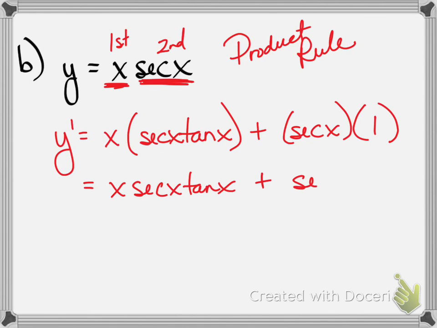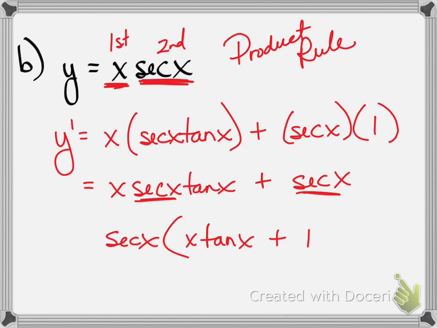And I don't need the times 1. That's a great answer. I love that answer. The book might get a little fancy and say, hey, let's just factor the secant x out, which would leave x tangent x in the first term and a 1 in the second term. But I'm happy either way. Those are both lovely answers.